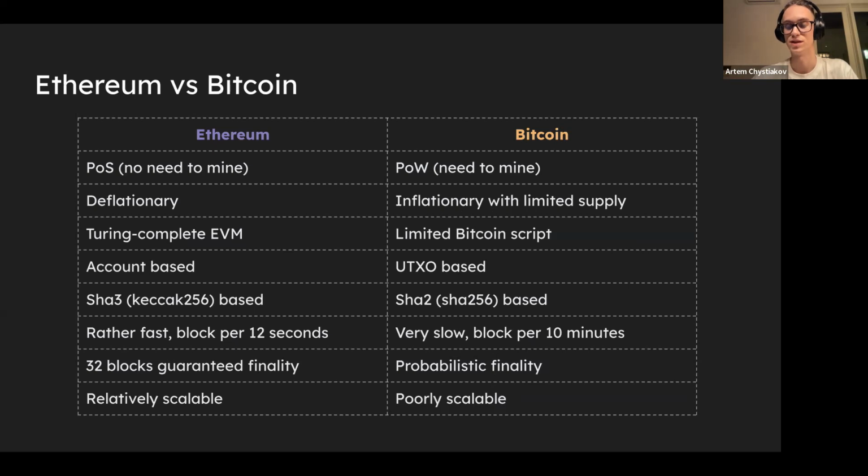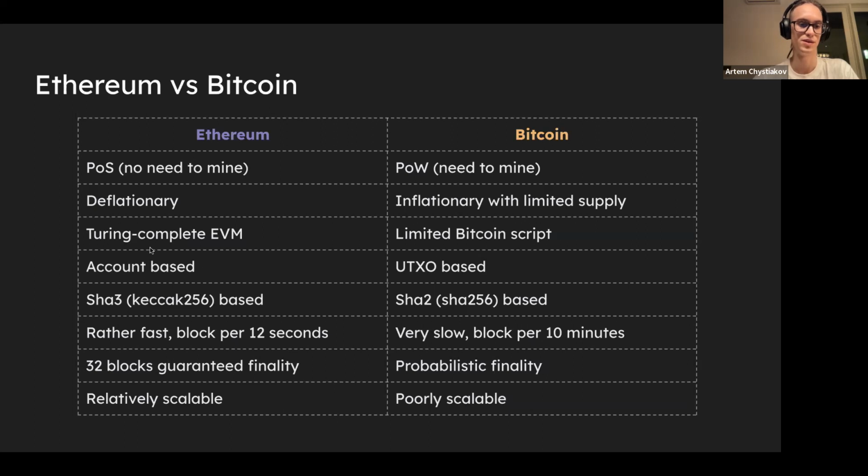Bitcoin will have to adapt to that somehow, and probably the fees will be given to the miners or something like that. So it won't be inflationary anymore.